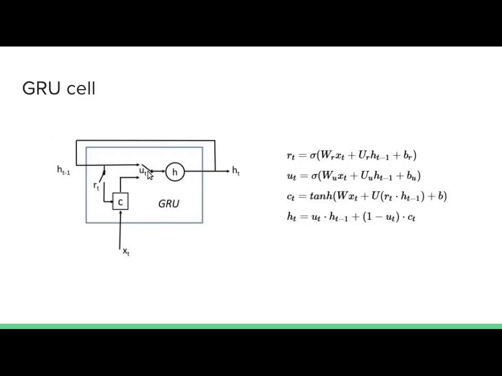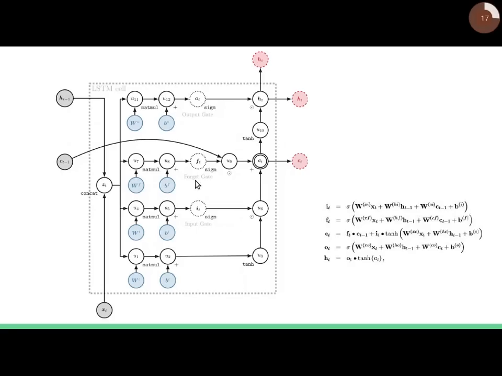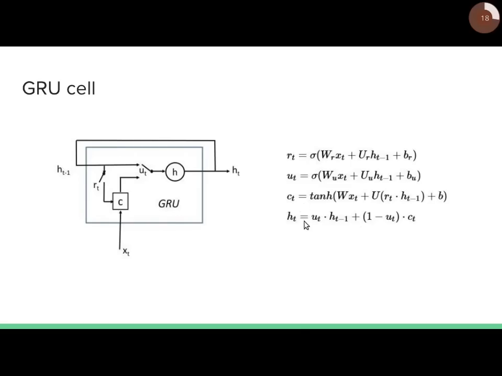Rather than having a forget gate and an input gate that are both different to let the information get inside the inner state, we have something here, U, which takes the past hidden value, and we have 1 minus U, which lets enter the new information, which is itself a small neural network of the past and the new information.